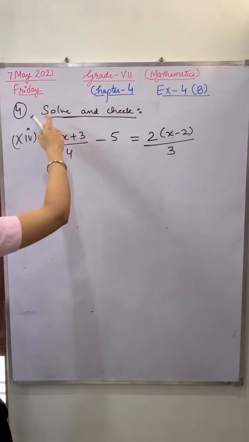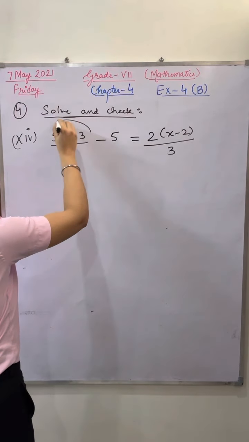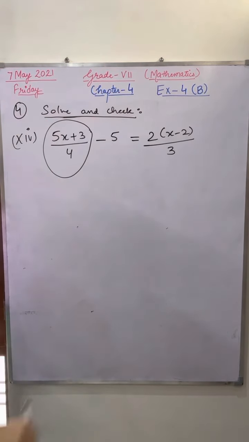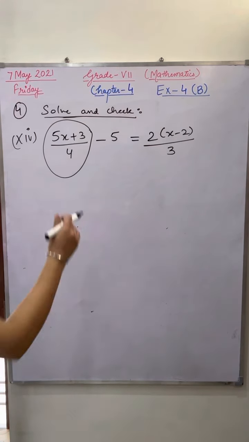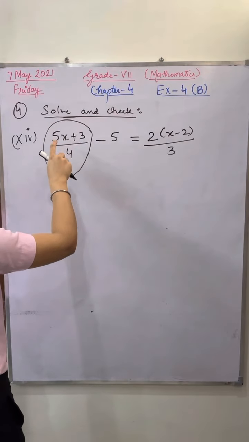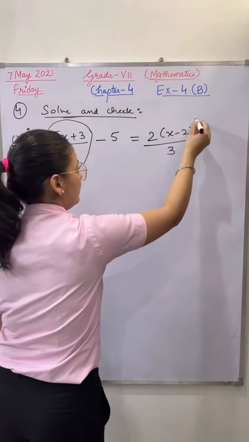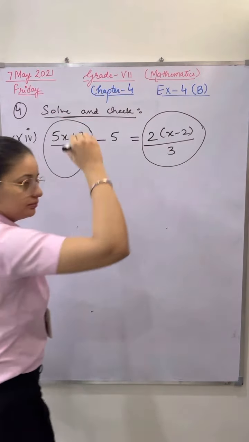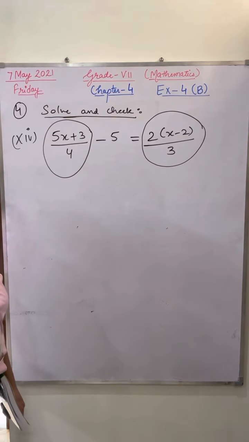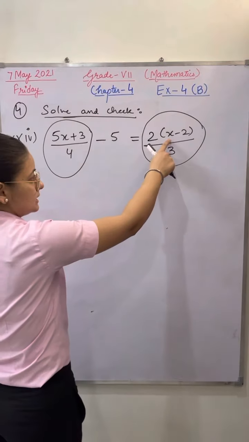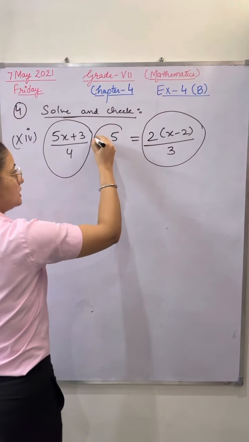Here, please tell me, is this a constant value or a variable? Very good, this is a variable value, because it has x. Again, this one is a variable because it has x.